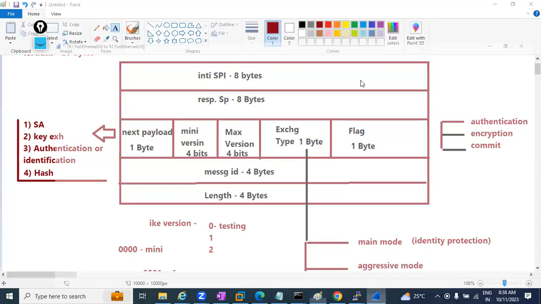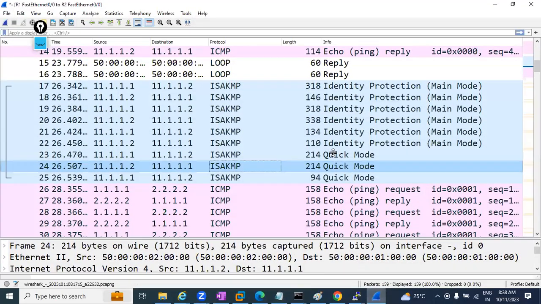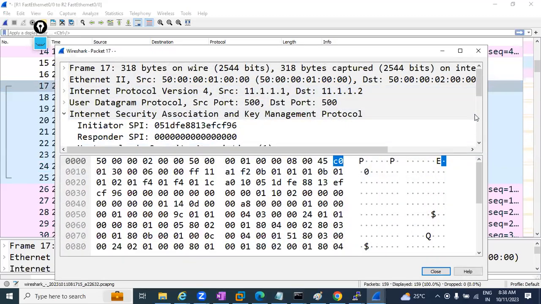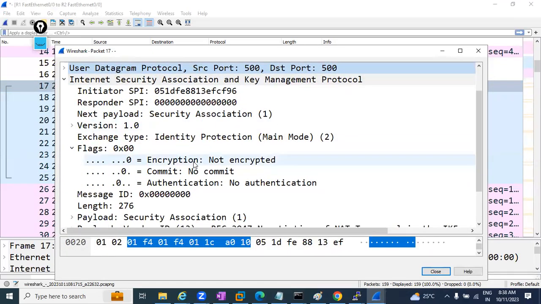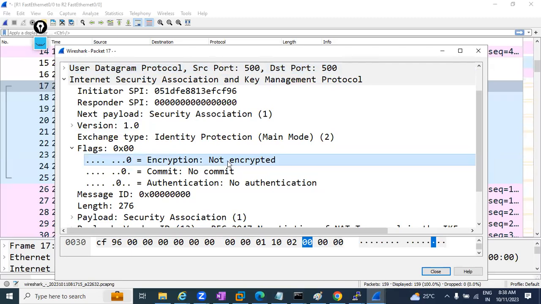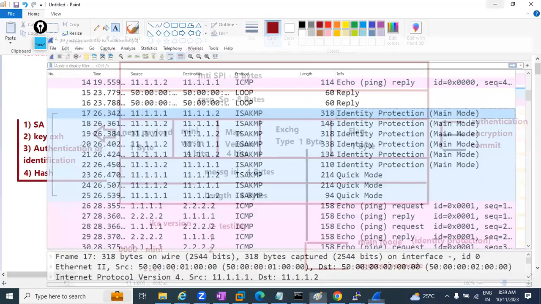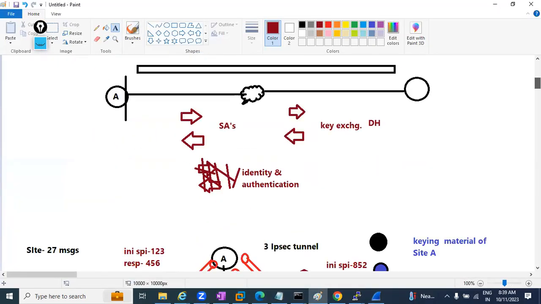As we can see, flag has three flags: encryption, no encryption, not encrypted, commit, no commitment, and no authentication. What is the meaning of the word not in front of these? Authentication and encryption, I hope everybody knows. What is the meaning of commit?